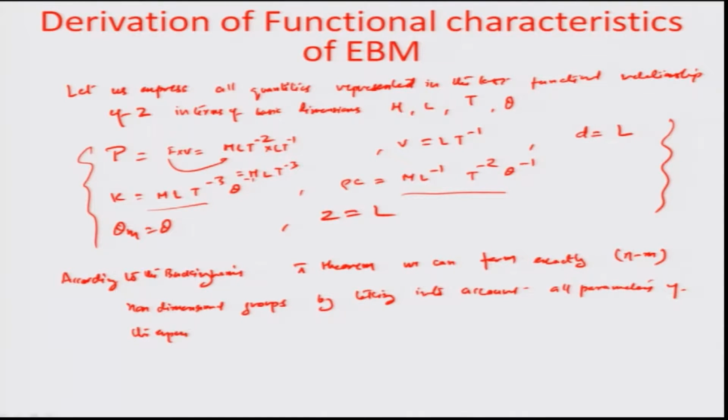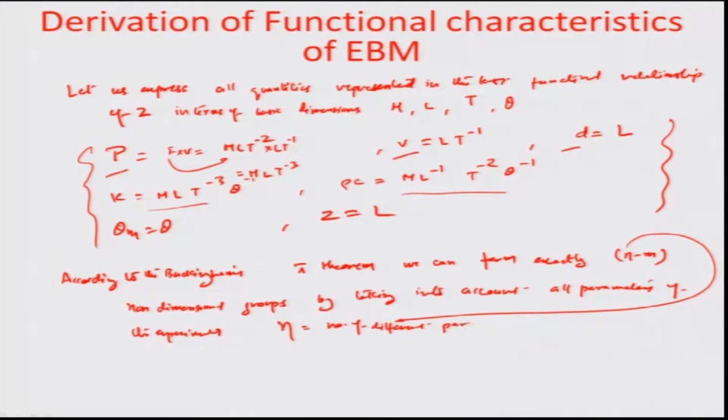Here, n is the number of different parameters and m is the number of basic dimensions in which all these parameters are represented.